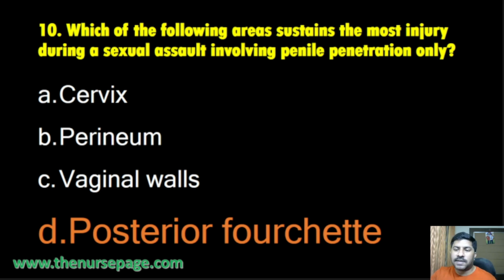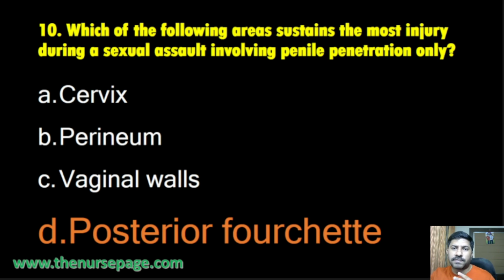While assaults involving digital or finger penetration mean there will be damage to the labia minora, posterior fourchette, and fossa navicularis, and apart from that, the vaginal walls, cervix, and perineum. And usually it is because of the fingernails.